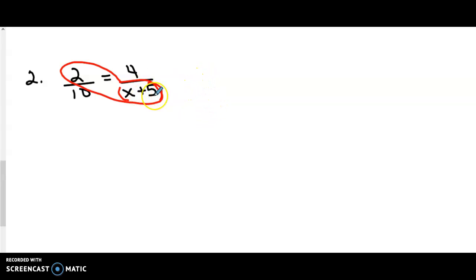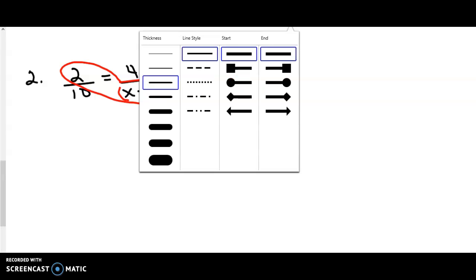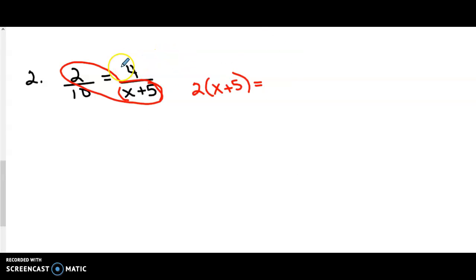X plus 5 is a group or an expression. It all goes together. So 2 times x plus 5 equals, and then I'm going to cross multiply 10 times 4.